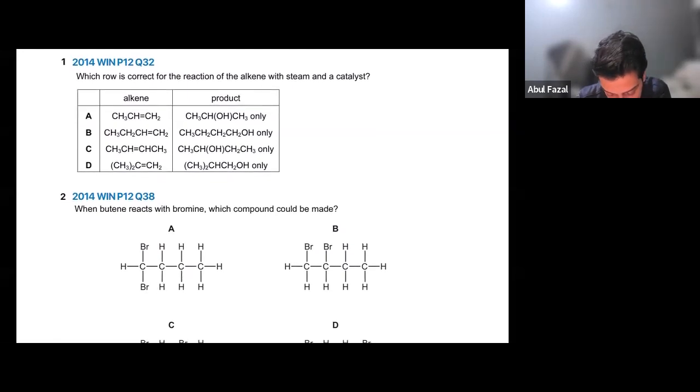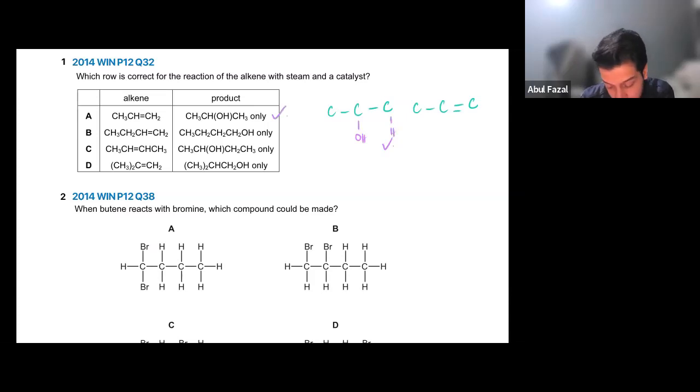Now, A, if it gets produced, they're saying the double bond will go away when you add steam to it, and the OH will form over here. This is correct. And the other one will come over here as hydrogen. So this molecule is correct.